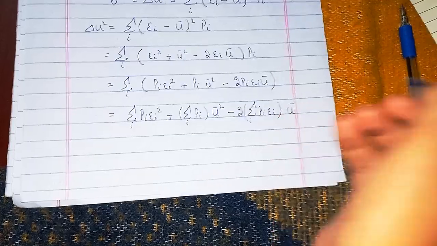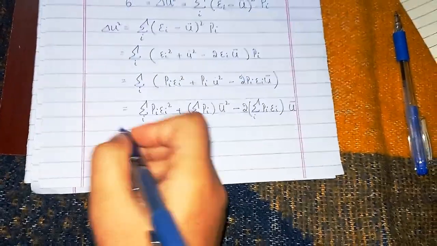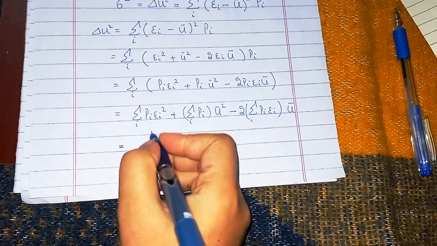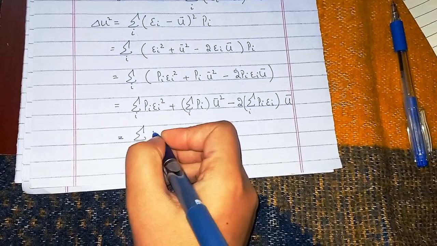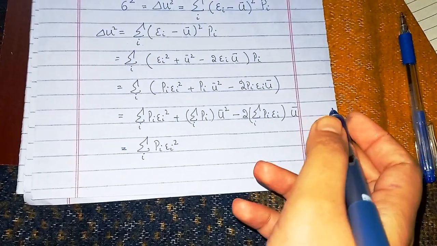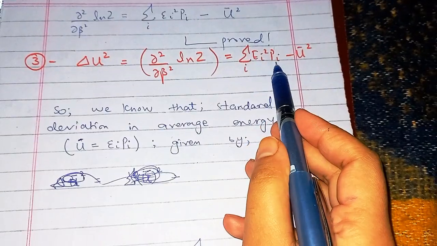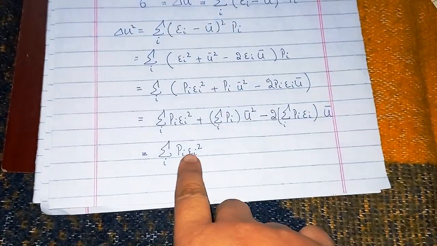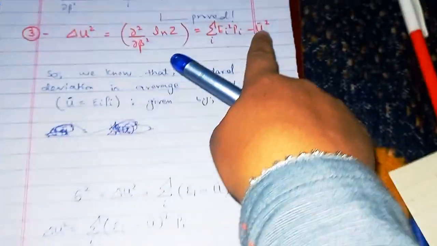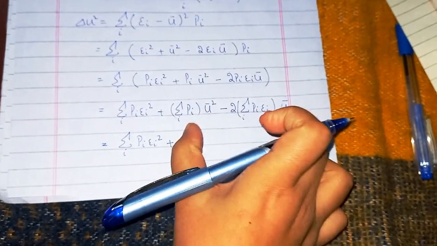U bar is written outside because it doesn't contain i. This term remains like that, pi ei square, because that is something we had in our proof as well. You can see here it's pi ei square, pi ei square. You just need u bar square, so for that purpose we are simplifying these two terms.